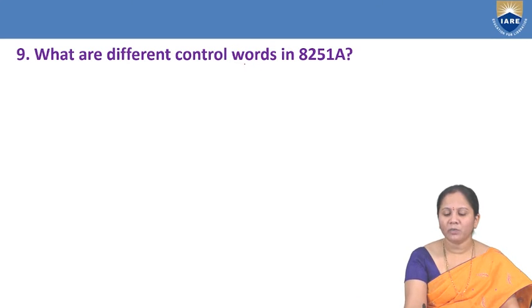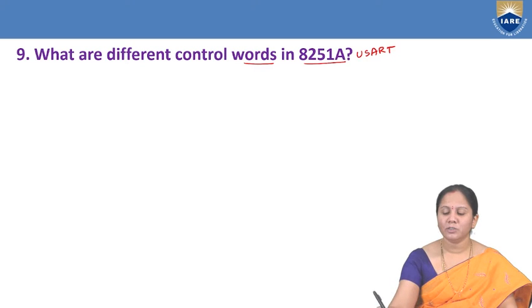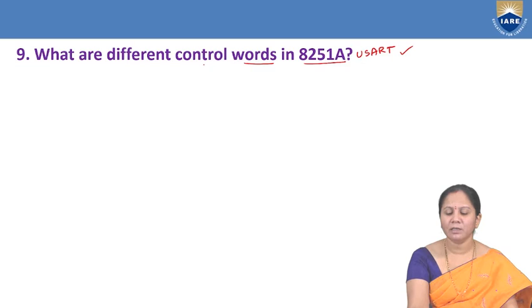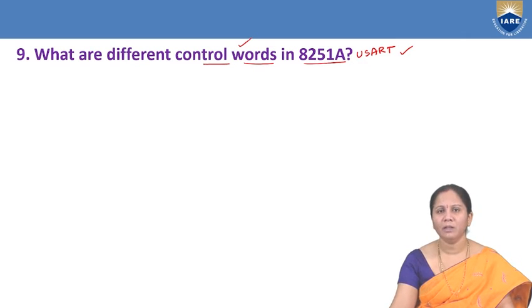Next, what are the different control words in 8251A? Here 8251 stands for USART, that is Universal Synchronous Asynchronous Receiver Transmitter. This is a programmable IC because it has internal registers. They are asking about internal registers, that is, the control words available in 8251A.